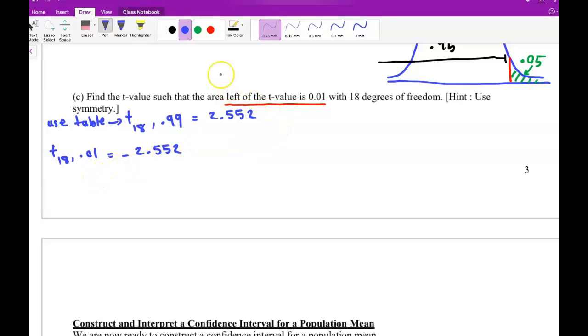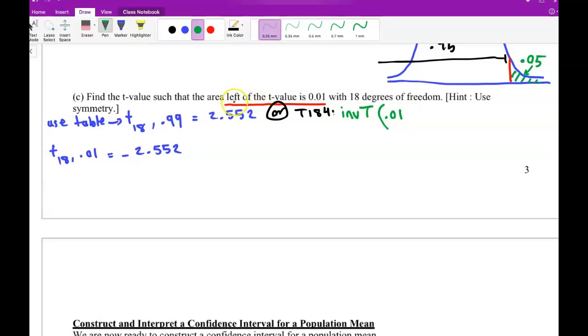Or using the calculator, TI-84. I have inverse t. So our alpha is 1%, and this is area to the left. Remember, on this part, when using the TI, you need to have area to the left.